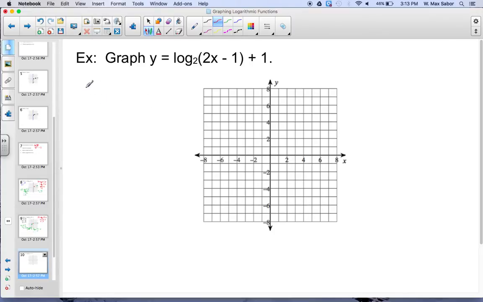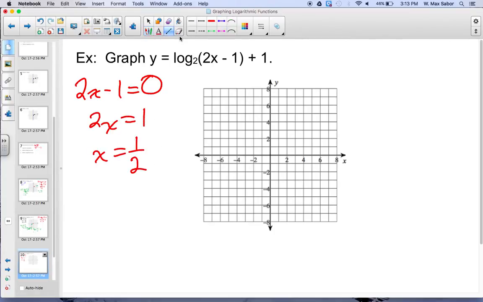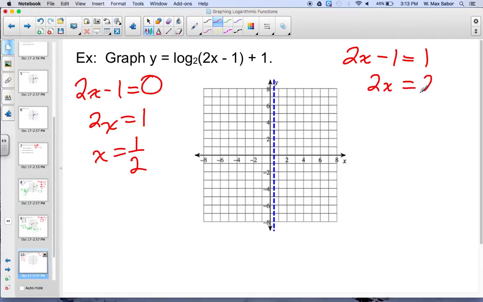Let's see. Start with the asymptote. So at 1/2 we have an asymptote. Then let's see. If we got this whole input to be 1, that would be nice. So what would make this whole input 1? Oh, lucky us.